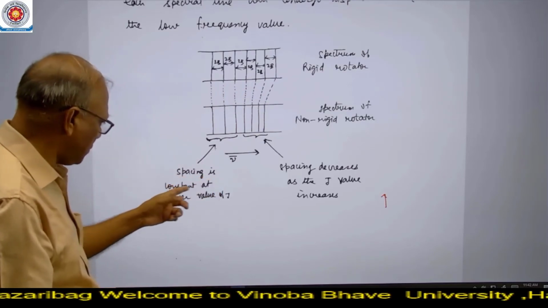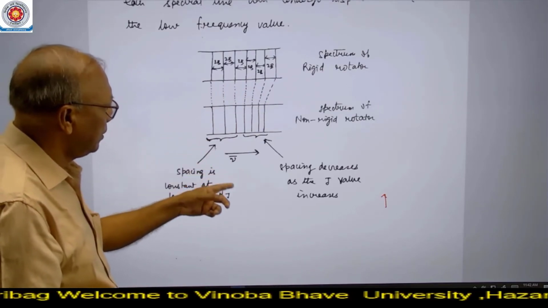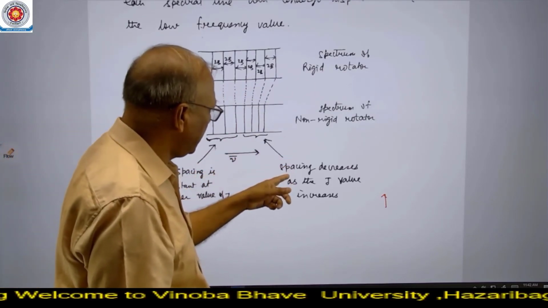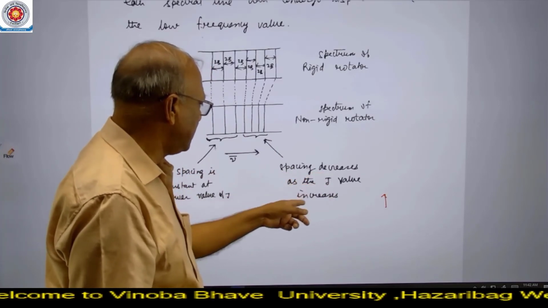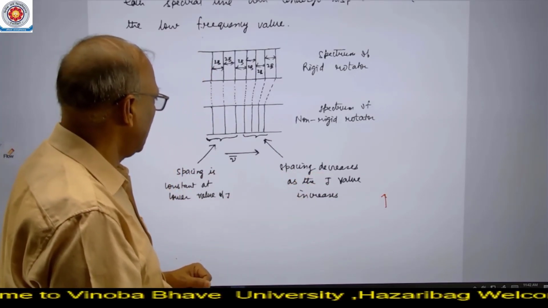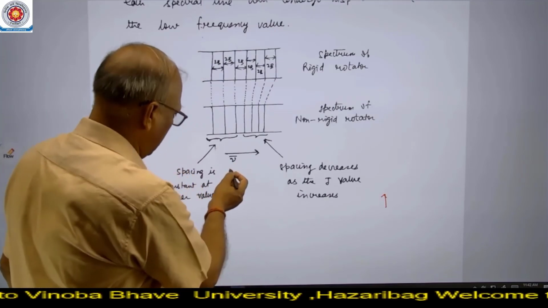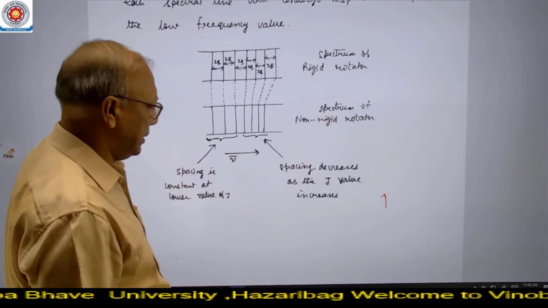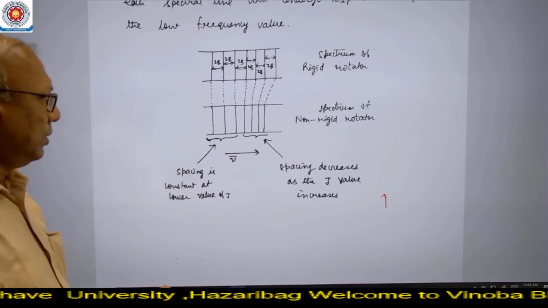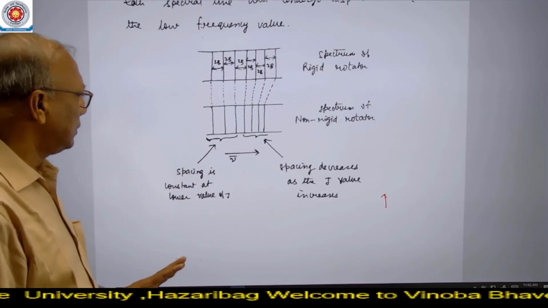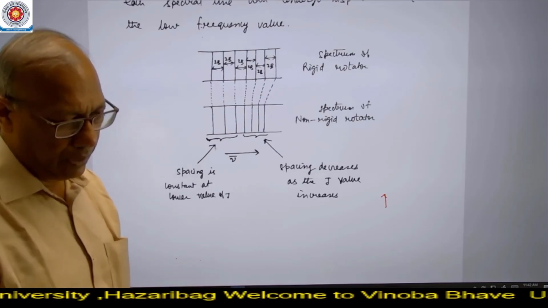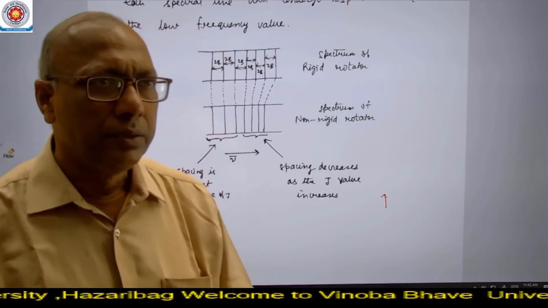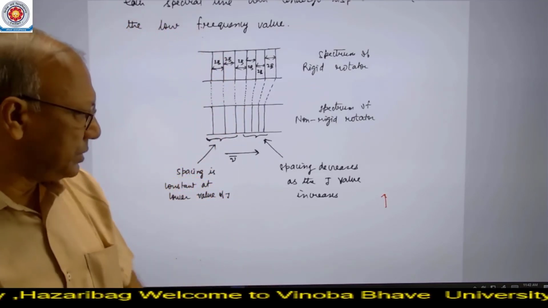So the spacing is constant at lower values of J, but for higher values of J the spacing decreases as J increases. Here nu bar is increasing from left to right. So this is the effect of a rigid character changing into a non-rigid character.